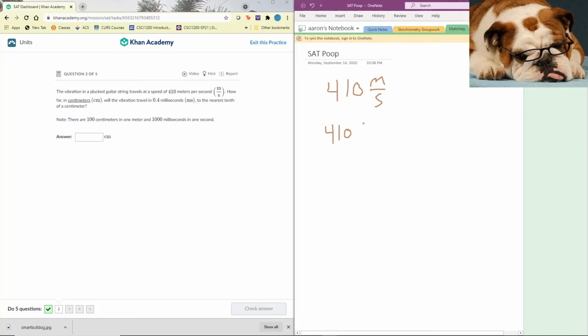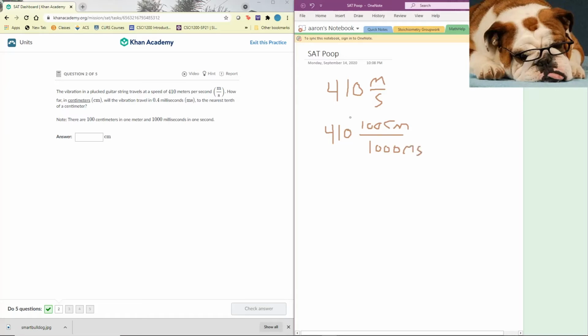So let's write 100 centimeters. And we want it in milliseconds too. So 1000 milliseconds in 1 second.